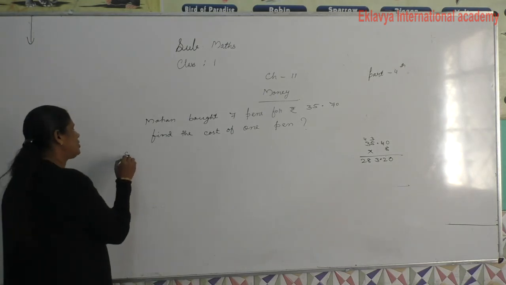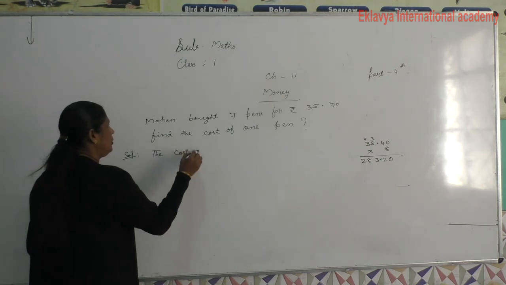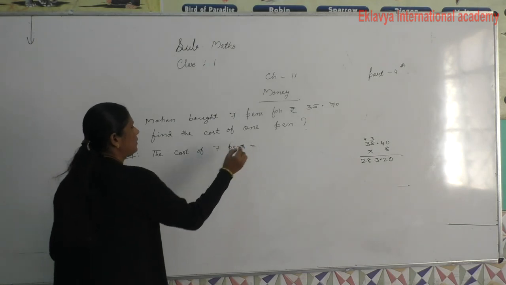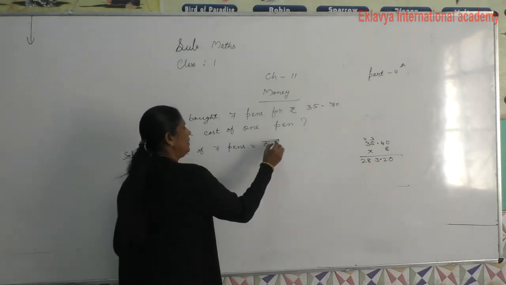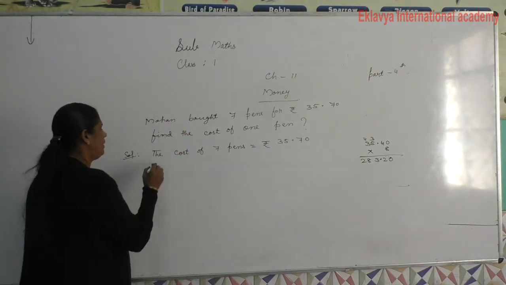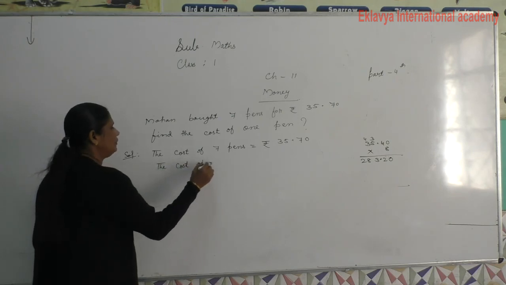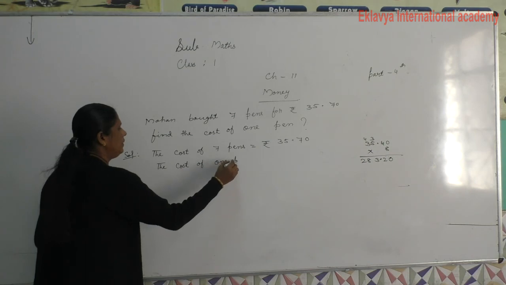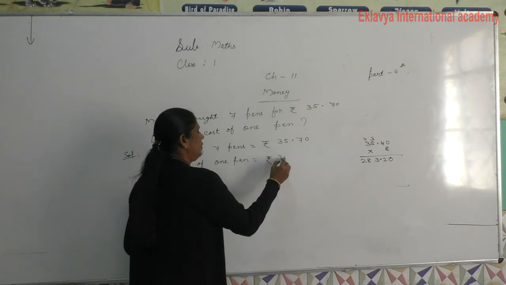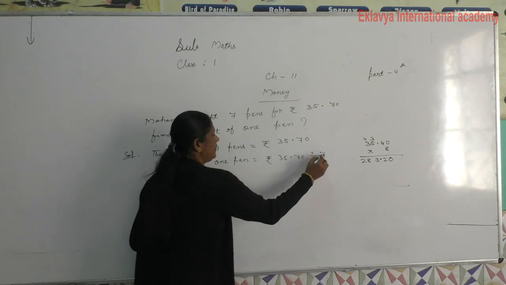Then statement, solution. The cost of 7 pens is equal to rupees 35.70. Then the cost of 1 pen is equal to rupees 35.70 divided by 7.